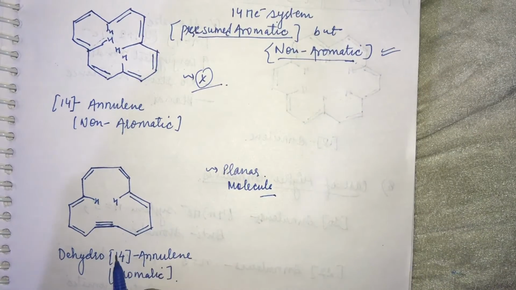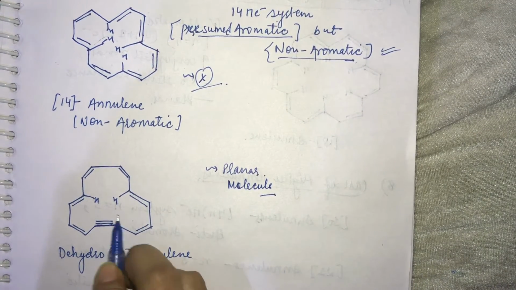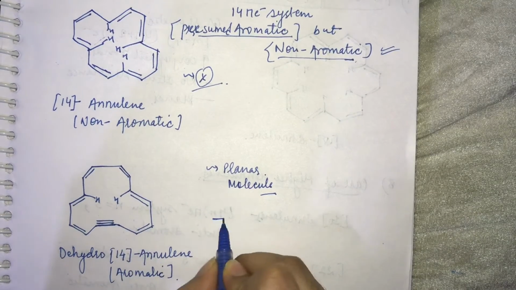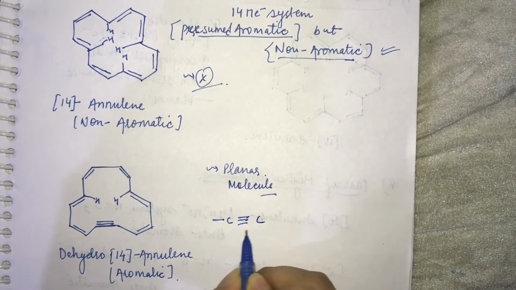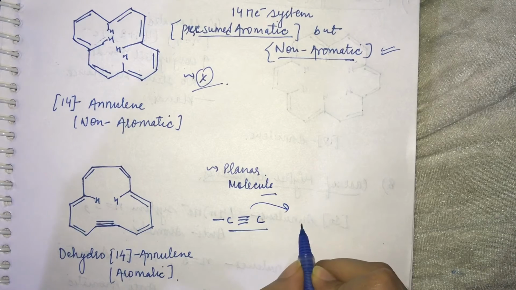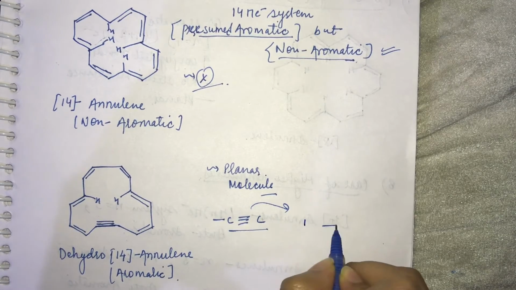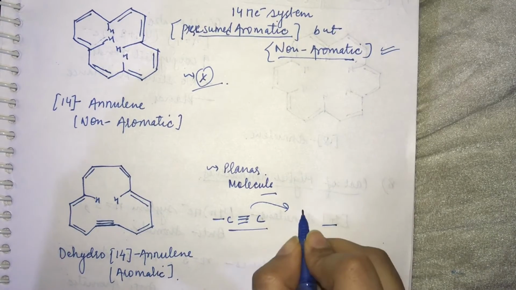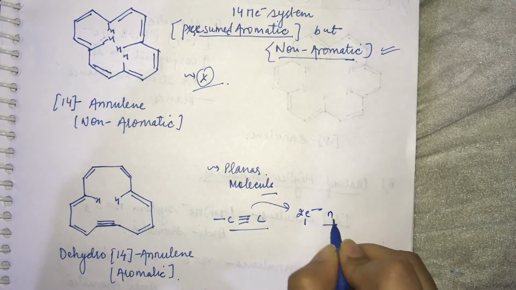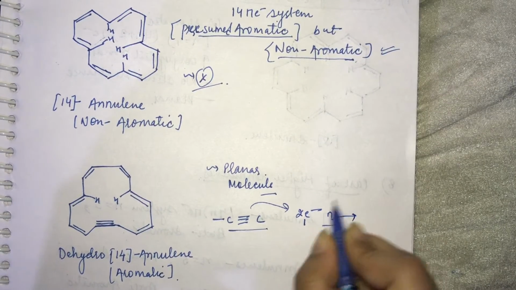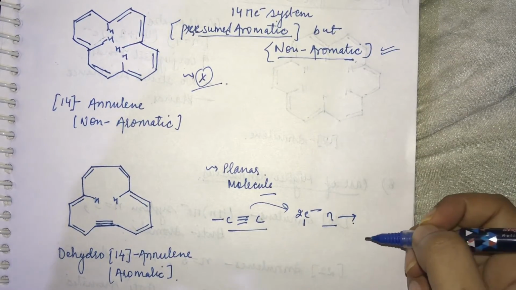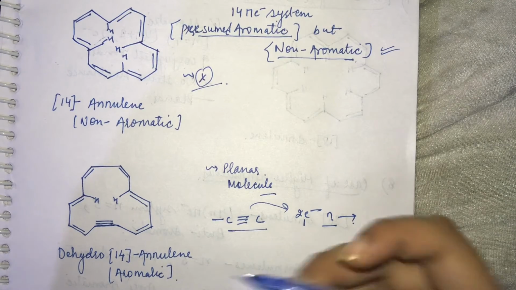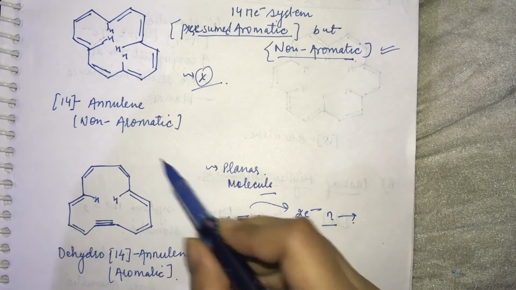The two electrons of this pi bond are delocalized into the aromatic pi system, and the molecule becomes aromatic.